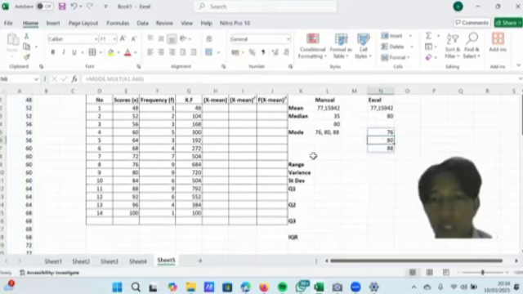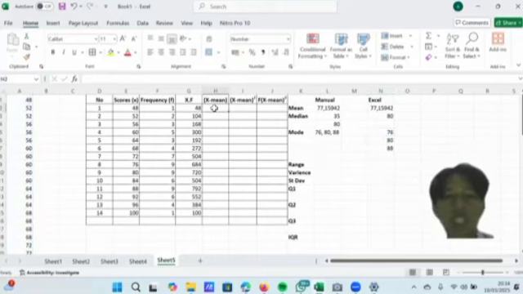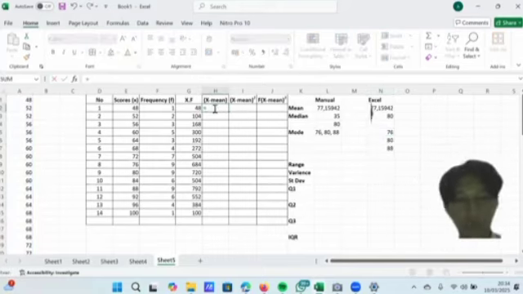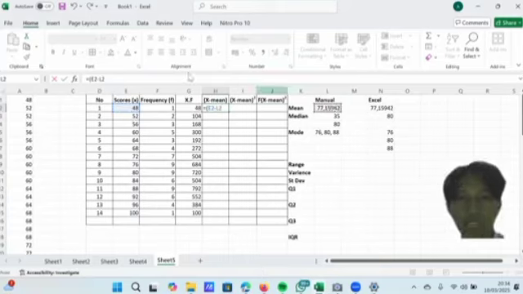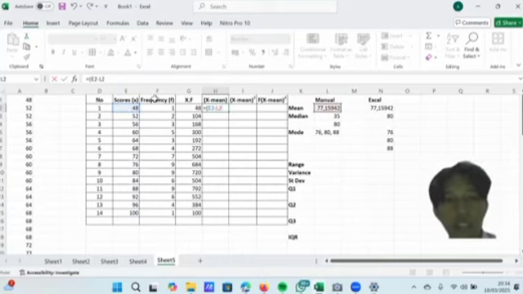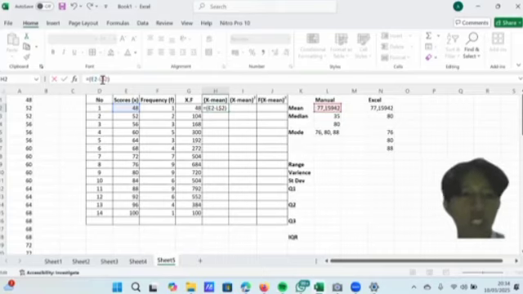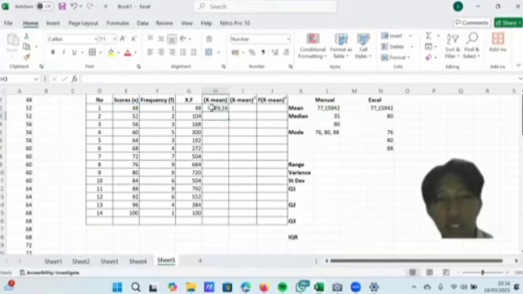Okay. After that, we're going to search for x minus mean, which is equal to scores minus the mean. Put the dollar sign between the cell reference. Okay, after that, drag it down.